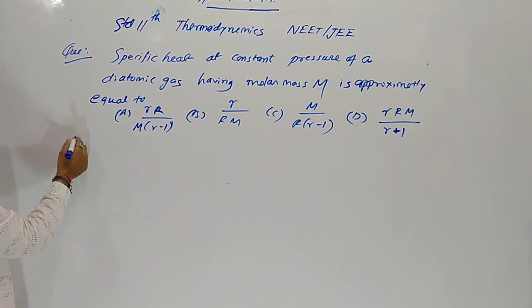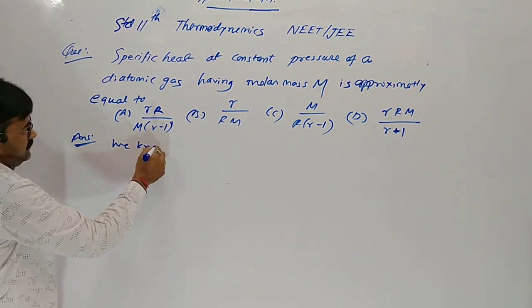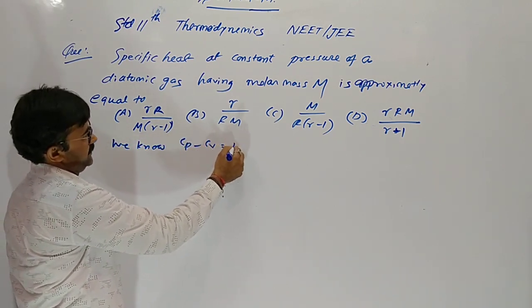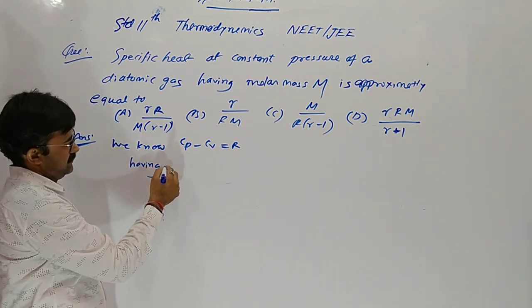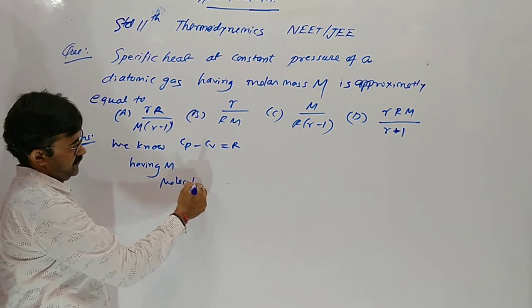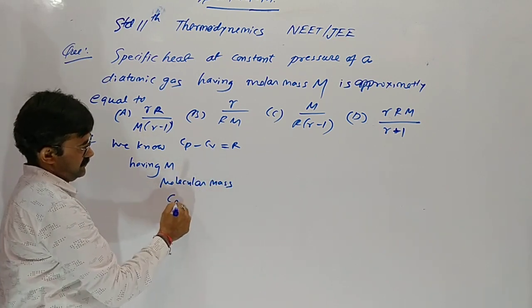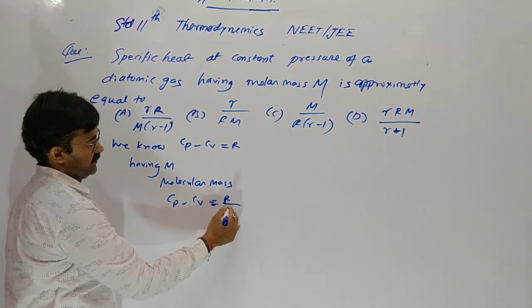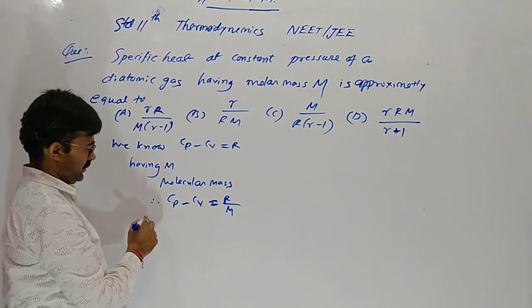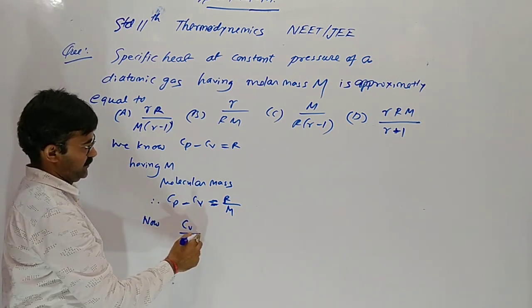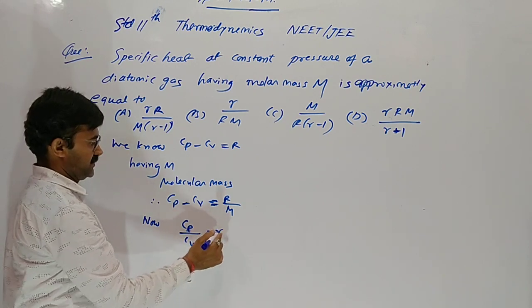So now the answer, we have to prove this. We know actually Cp minus Cv is equal to R, with M the molecular mass. Cp minus Cv will be R upon M. Now Cp upon Cv is equal to gamma.